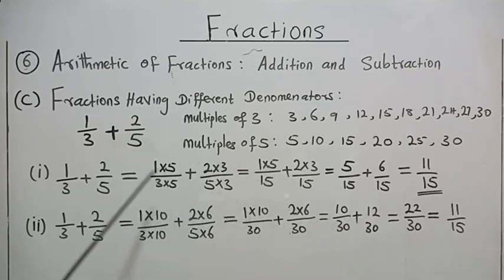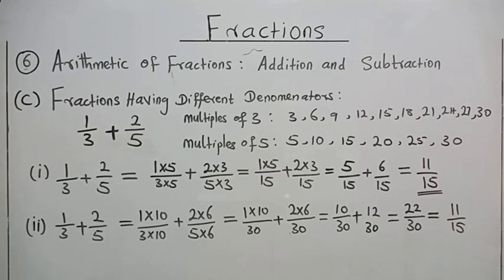It therefore means that 1 over 3 plus 2 over 5 has become 10 over 30 plus 12 over 30. That means that both 3 and 5 have now become 30 each. The reason is that we want to make it possible to add the two fractions, since it is practically difficult to add these two fractions in this form.